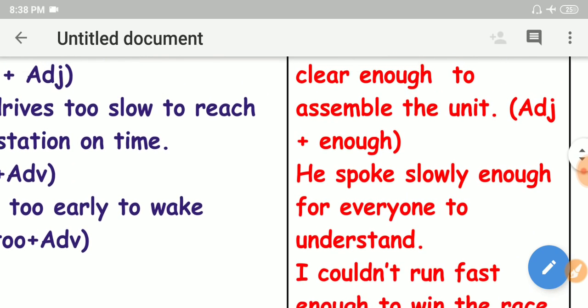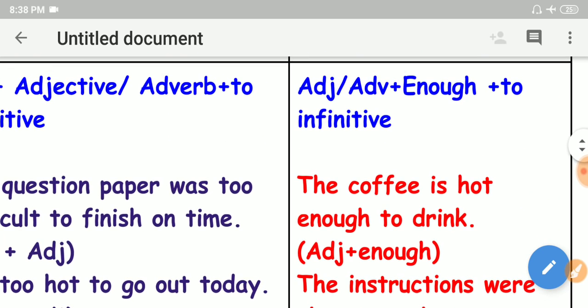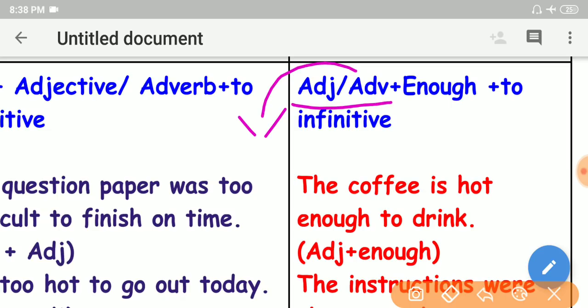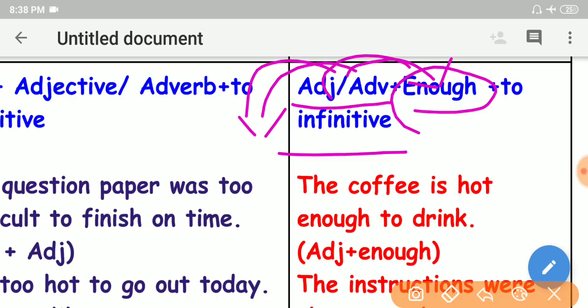At the same time, let us go and learn the pattern with "enough". See, the enough pattern I already told you: too is used before adjectives, whereas enough is used after an adjective or adverb, plus a to-infinitive. Same pattern. So here the thing is, enough is used after adjective or adverb, and too is used before adjective or adverb.